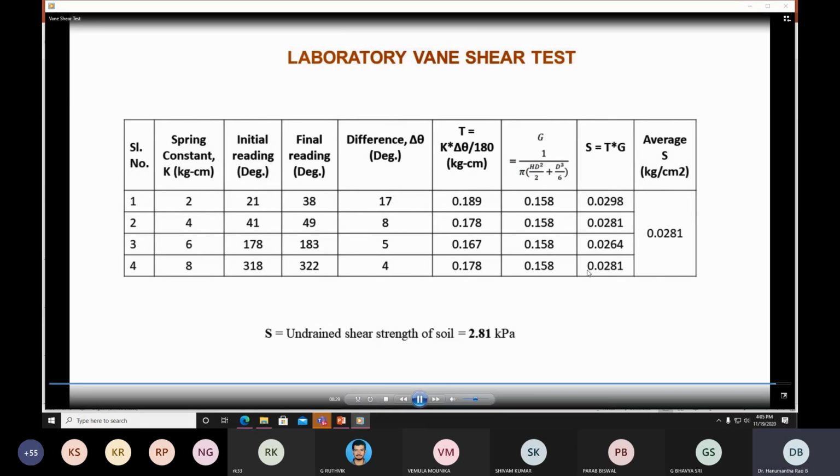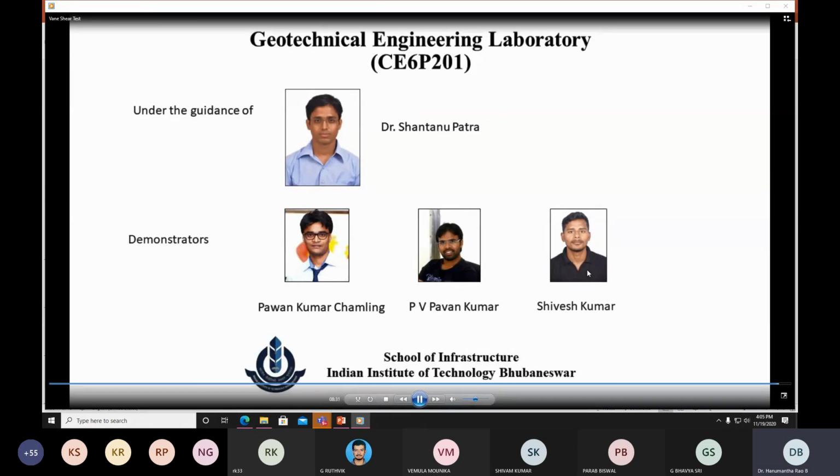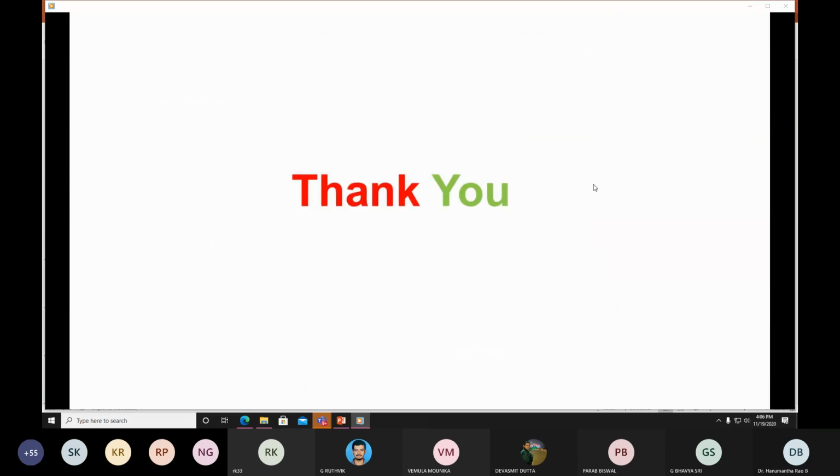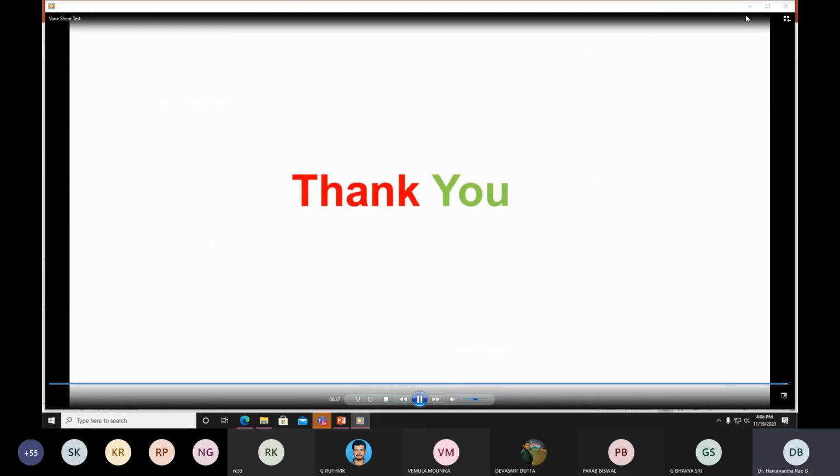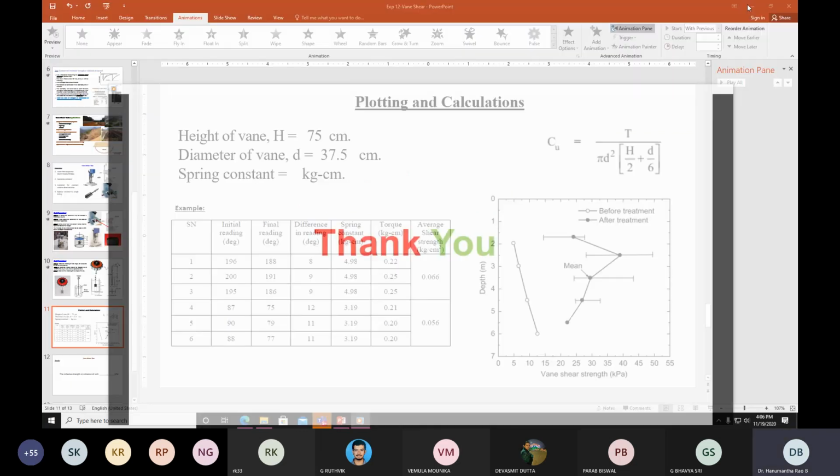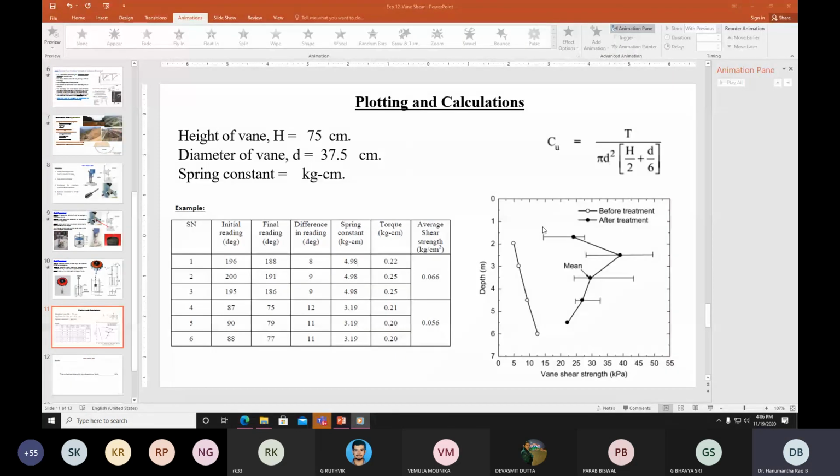Sir, does that mean the Vane shear test gives minimum shear strength? True. It gives the minimum shear strength. Why, sir? Because you are conducting the test on a slurry sample. Slurries have the least strength.